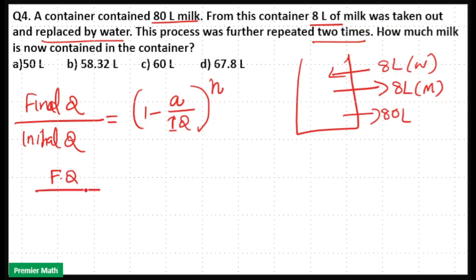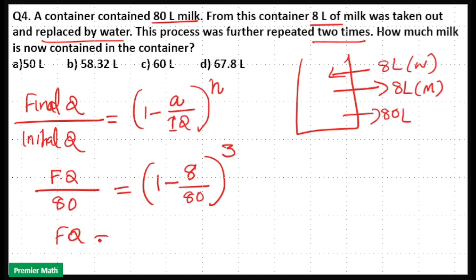So, initial quantity is 80 liter. That is equal to 1 minus amount removed or replaced, here 8 liter of milk taken out and 8 liter of water added. So, 8 liter is the amount removed or replaced, divided by initial quantity 80, and number of process is equal to 2 plus 1, 3, because a process happened and it is repeated 2 times. That is 1 plus 2, 3.